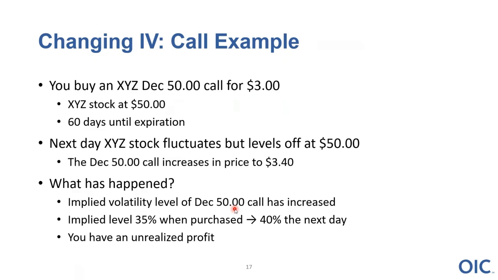For whatever reason, more demand has come in for these options, driving prices higher. Implied volatility has gone up from 35% to 40%, and you have an unrealized profit with a stock that has not gone anywhere.